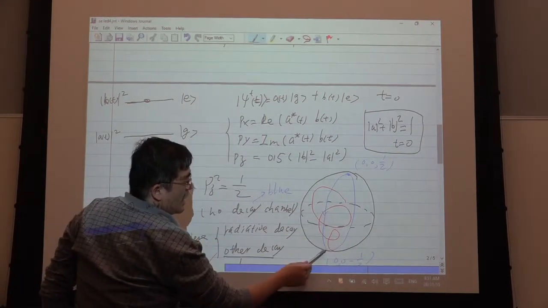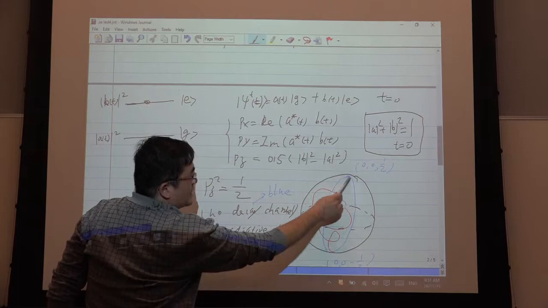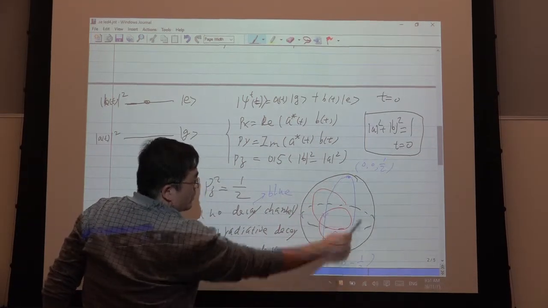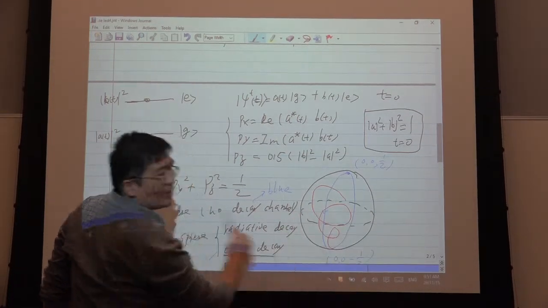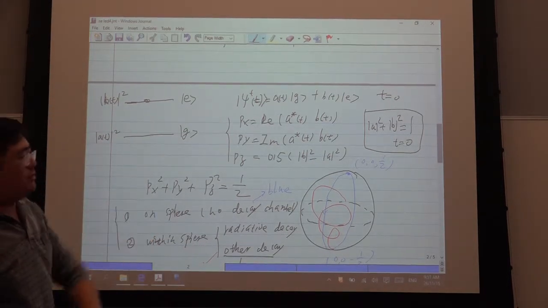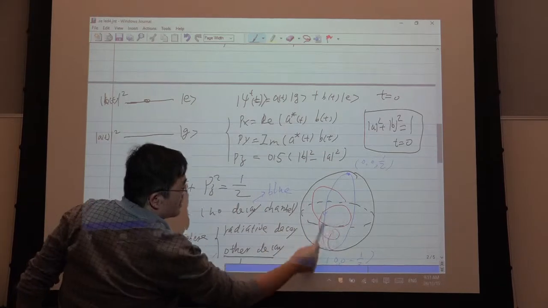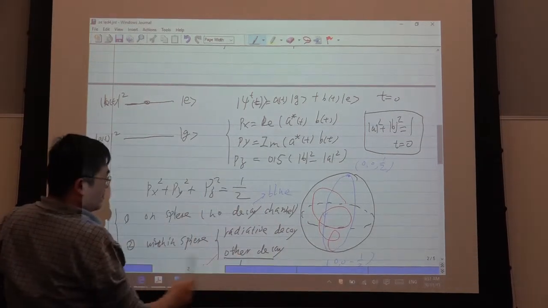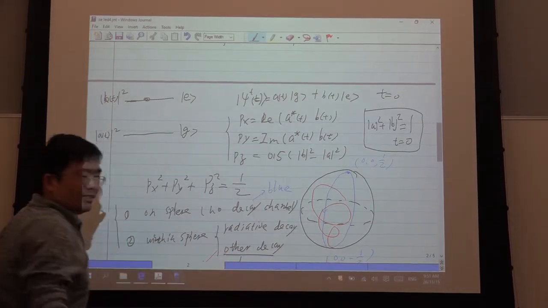It means they can go from ground state to excited state and back. This is similar to Rabi oscillation, similar to a laser, like stimulated emission, absorbing a photon, emitting a photon. Here it's just decay to the ground state because they have some radiative channel or other decay channel.